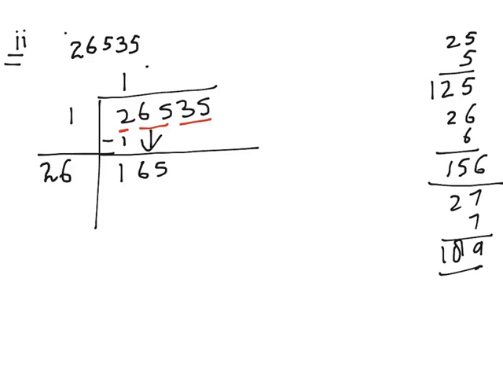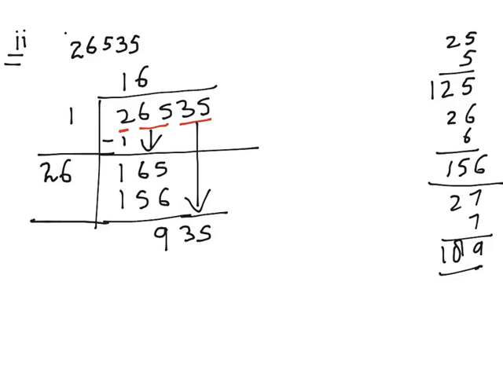So we will copy 6 over here, and 26 times 6 will give 156. Now we will subtract it. We will get 9, and then we copy the next pair, that is 35. Now see, here you have to pay attention, the next step is we have to double the new digit. So here our new digit is 6, and if we double 6, means 6 times 2 will be 12.